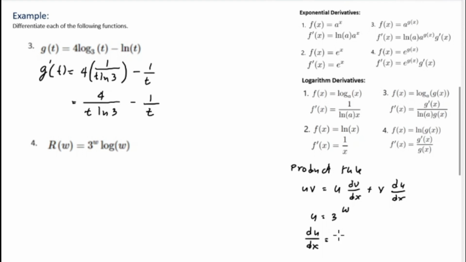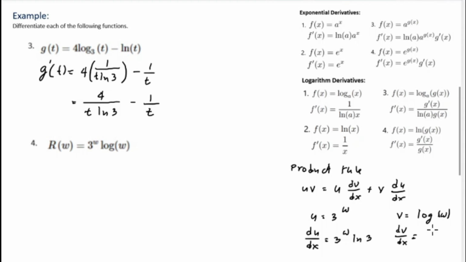Simply we copy 3^w and we multiply by ln of a, which is ln 3. And next, v is equal to log w, and the derivative of v over dx.